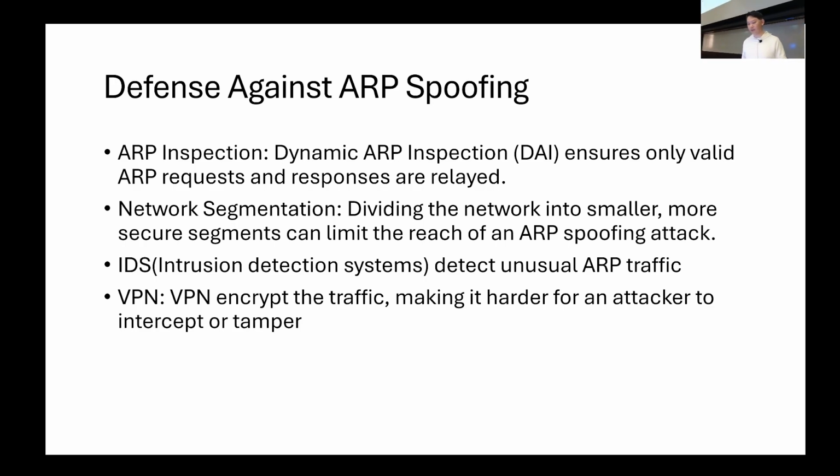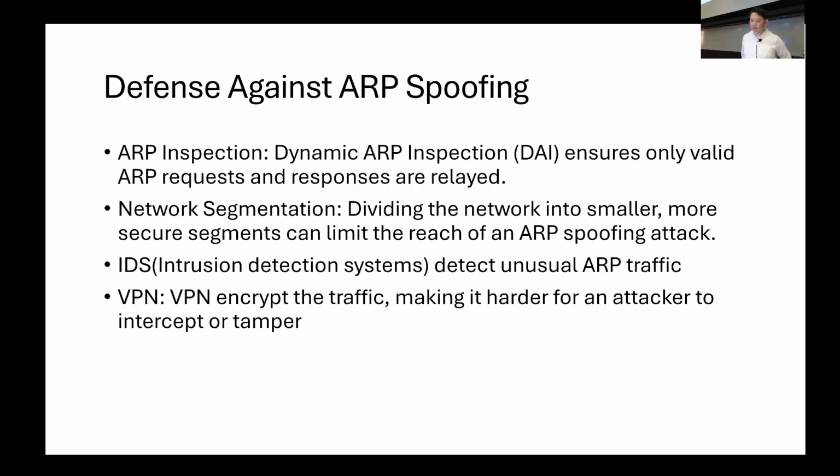They can detect unusual ARP traffic, since they have the information on what the original IP and MAC addresses are. IDS can detect and also alert the admin or the corresponding person.